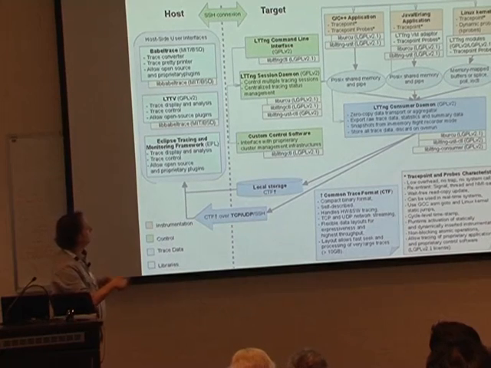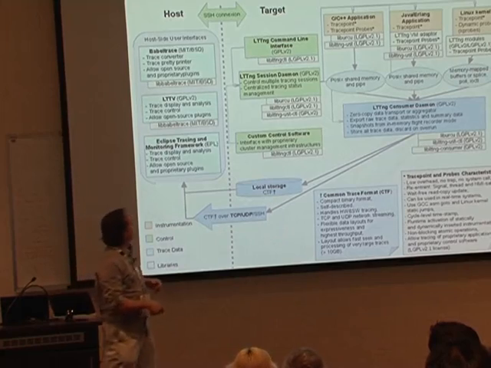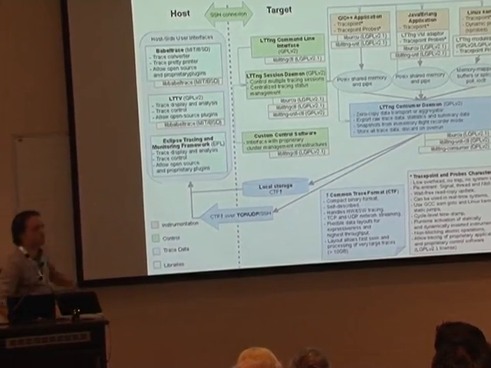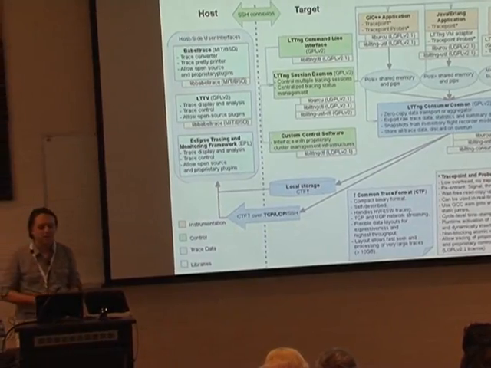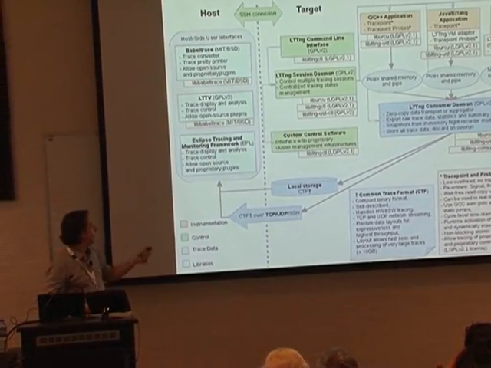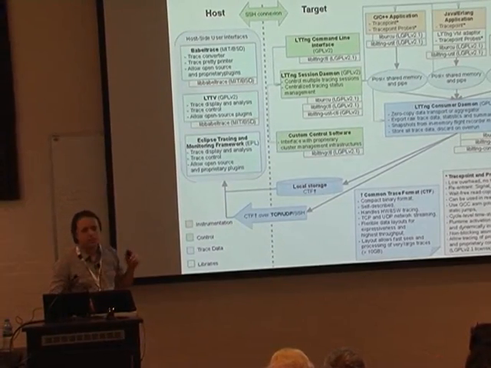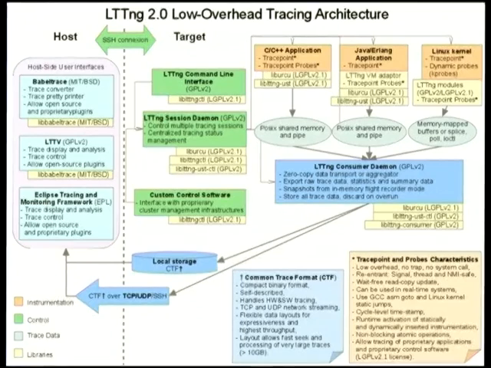That goes to different storage, and after that you can use any viewer or UI that supports CTF, the Common Trace Format. You can control it with your own API or with the official command line tool.